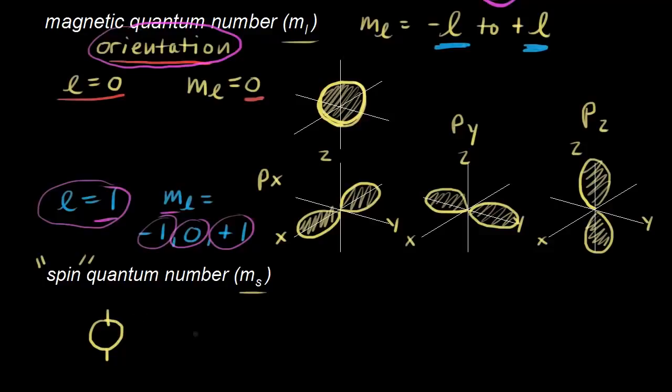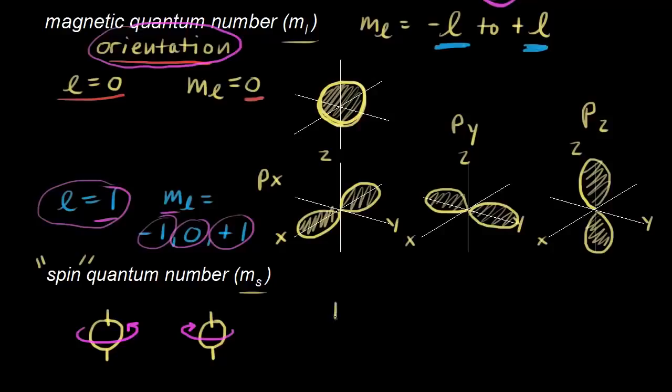I could have an electron spin like a top this way, or I could have an electron spin around that axis going this way. Again, this is not actually what's happening in reality. Electrons don't really spin on an axis like a top, but it helps me think about the fact that we have two possible values for the spin quantum number.